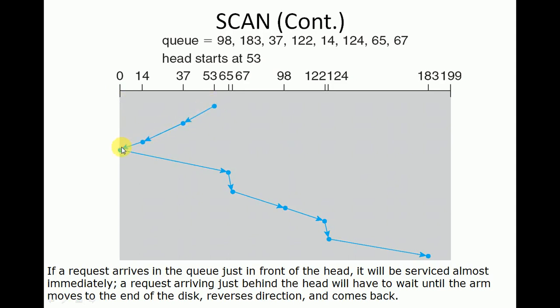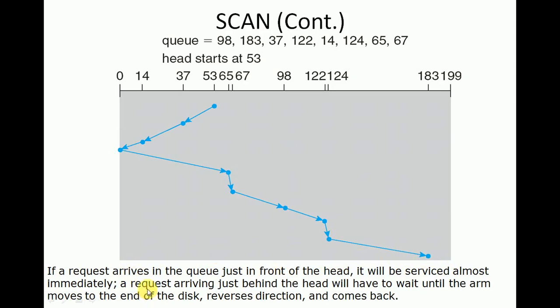During this path, the requests served are 37 and 40, and from 0 the head starts moving towards the other end of the disk, that is towards the right hand side, and meanwhile it will serve the requests that are coming on the way. So the requests served here are 65, then 67, after that 98, 122, 124, finally 183 will be served.